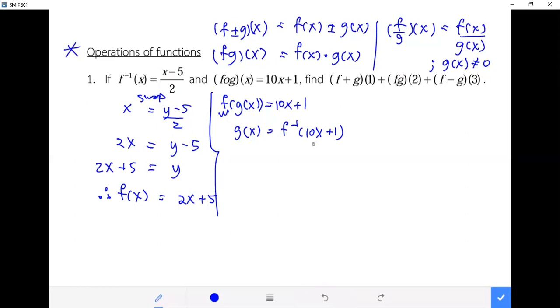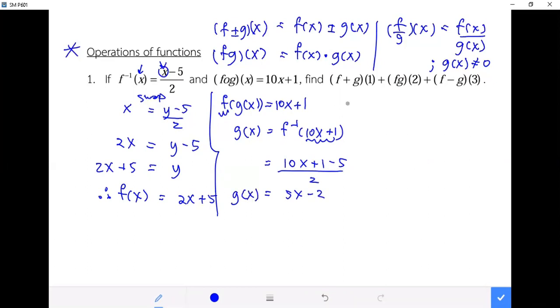So you put this 10x plus 1 in that x. f inverse is x minus 5 over 2, so you put 10x plus 1 in this x. It's going to be 10x plus 1 minus 5, divided by 2. So 10 divided by 2 is 5x. 1 minus 5 is minus 4. Minus 4 over 2 is minus 2. You have your g(x) now.